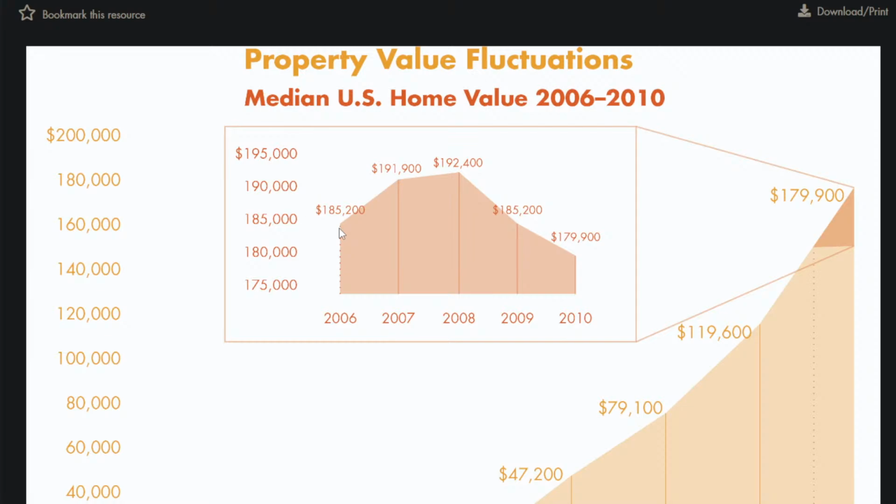Median household price was 185.2, and of course it went up, and then we had the Great Recession, which hit us in somewhere 2007 and 8, and we can see the home prices went down through 2010, and of course that was 14 years ago. A lot has happened since, and that $180,000 home is probably worth 300,000 to 400,000 today.